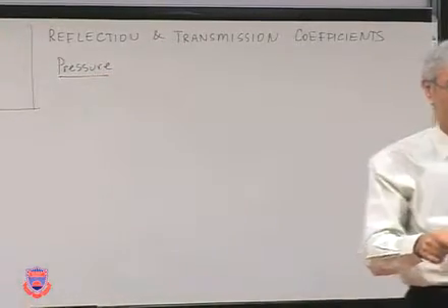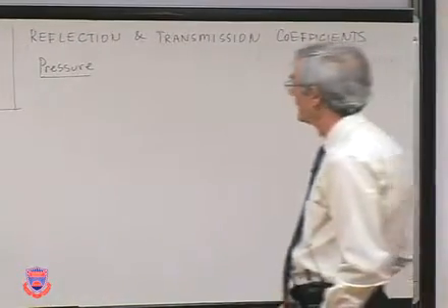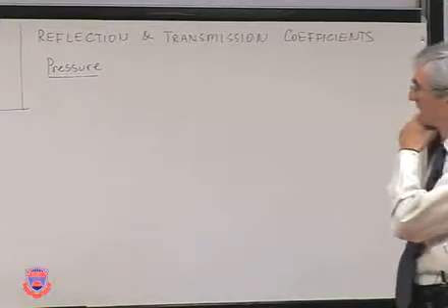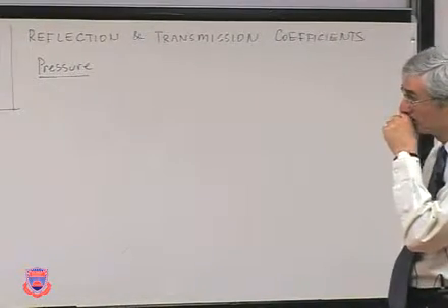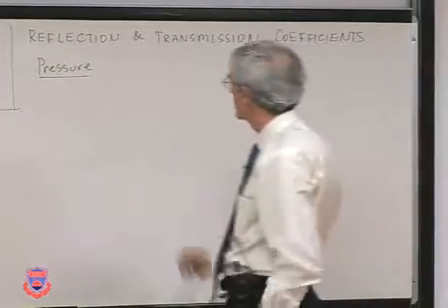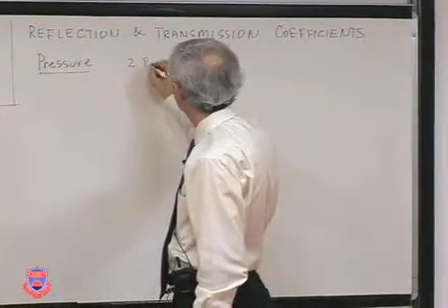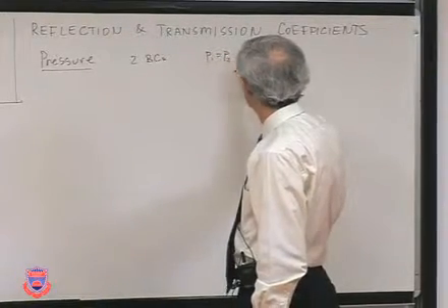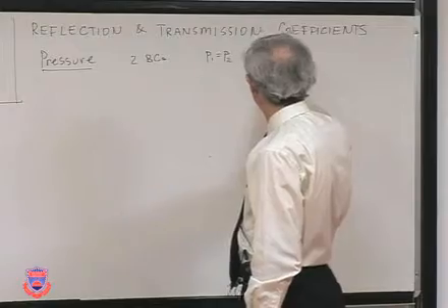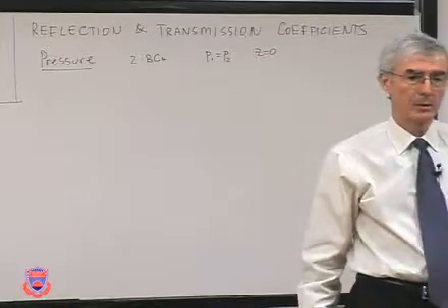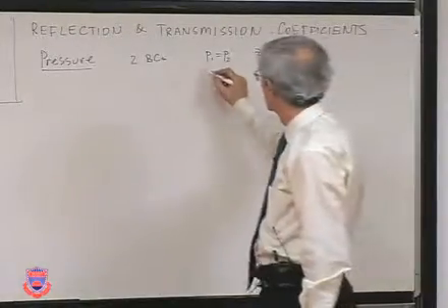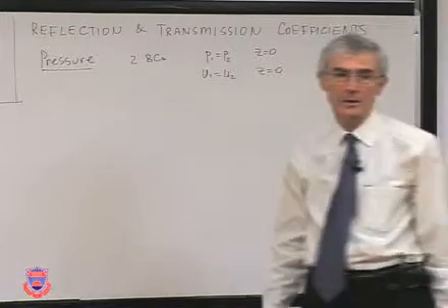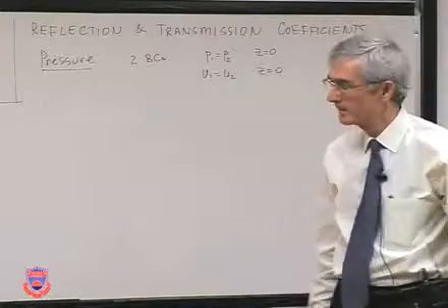Yes, you have another question? You sure? Okay. All right. Reflection and transmission coefficients. To do that, we use two boundary conditions. One of them is that pressure must be continuous at the boundary, and the second one is that particle velocity must be continuous at the boundary also. Okay?